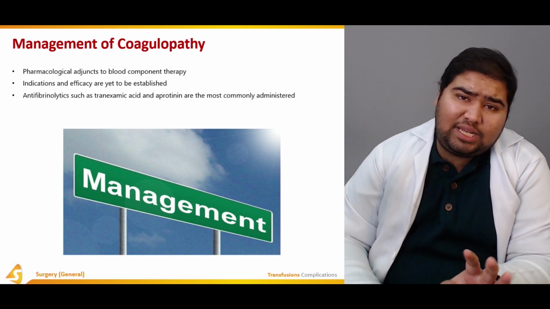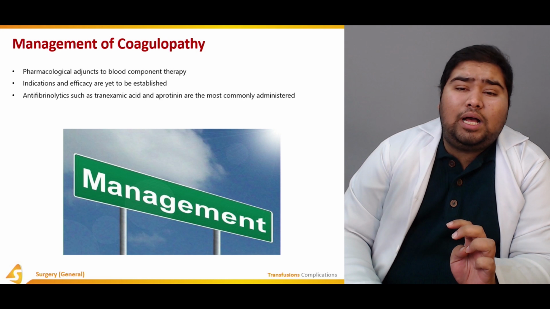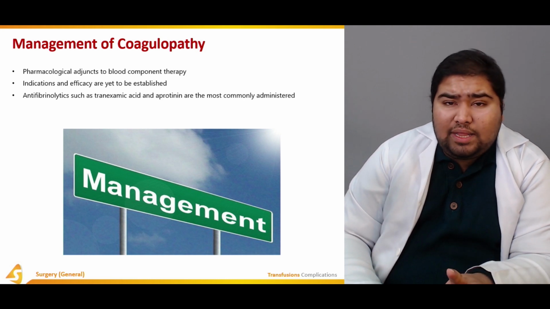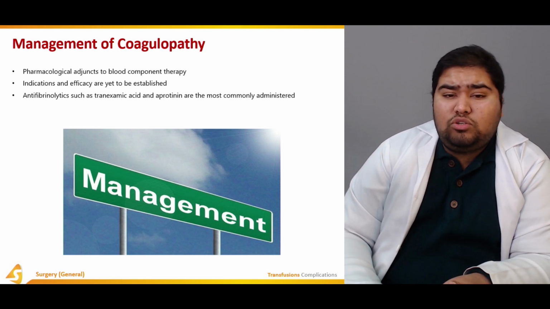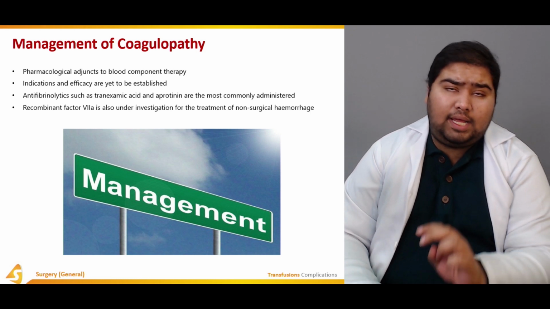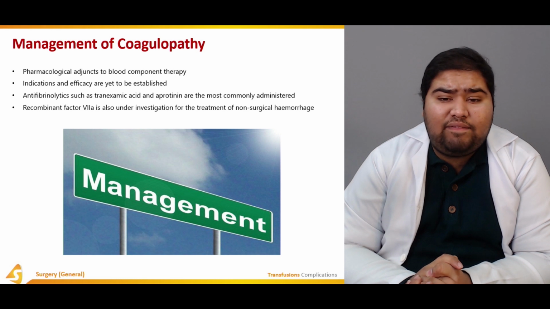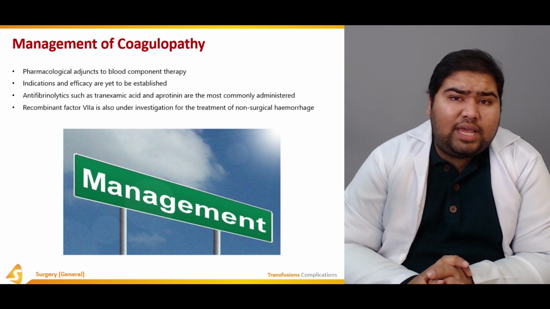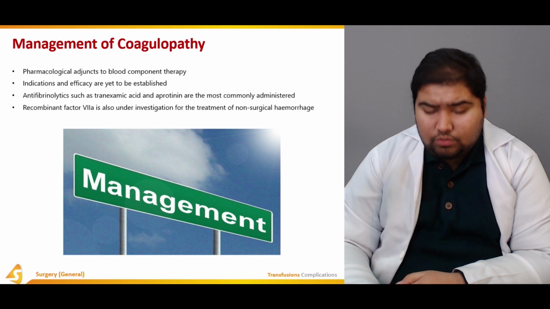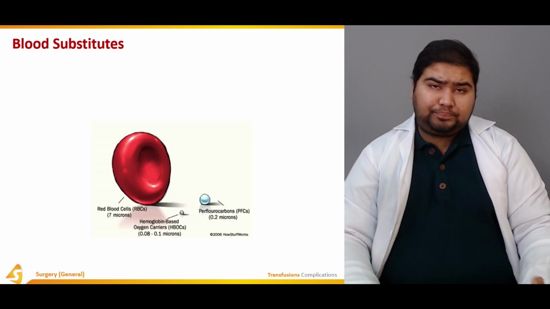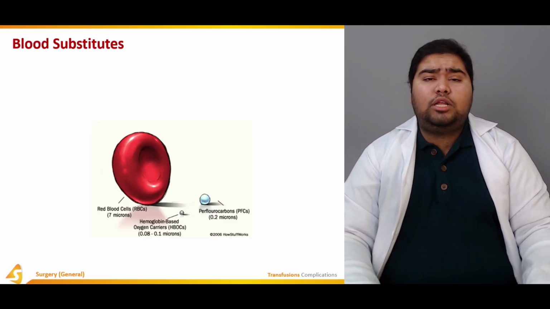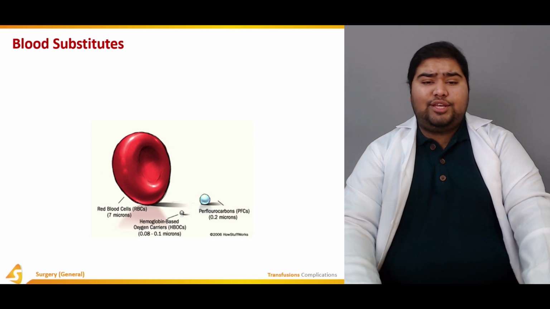These are the pharmacological agents that might help in the management of coagulopathy. However, their efficacy is not determined yet, and they're not widely used. Recombinant factor VIIa is also under investigation, however, there's not a lot of literature to support its use.